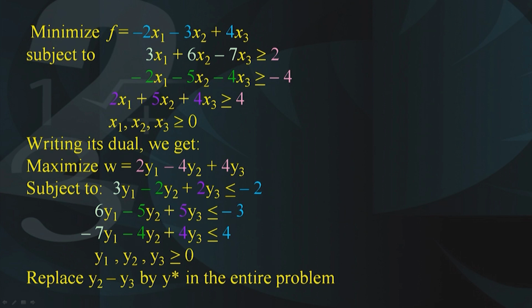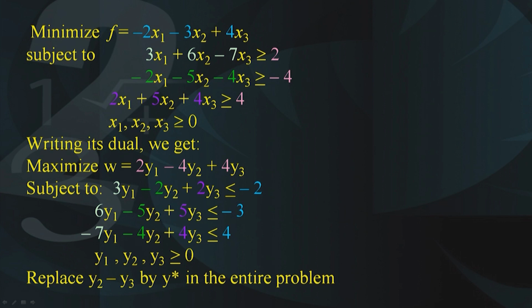Can you make an observation by which we can further simplify this dual? I am giving you the hint regarding the coefficients of y2 variables and y3 variables in the entire dual. Yes, that is right. You can observe that the coefficients of y2 and y3 are the same.